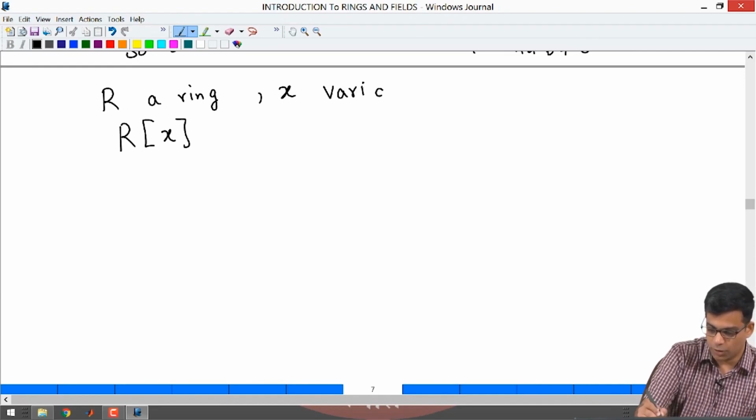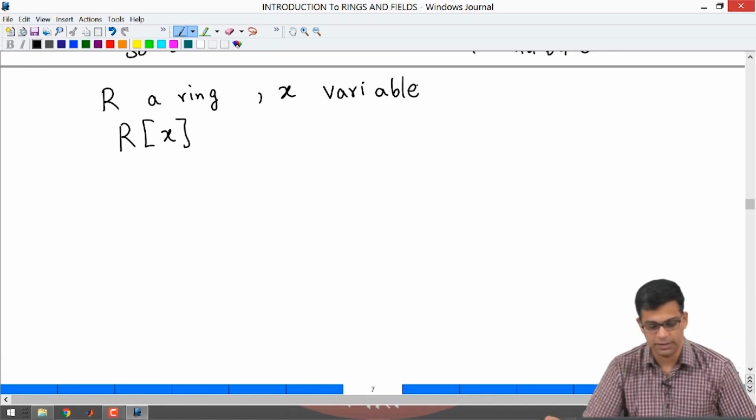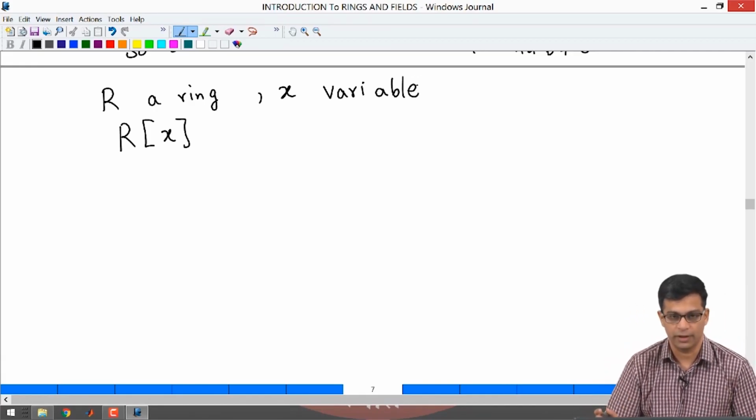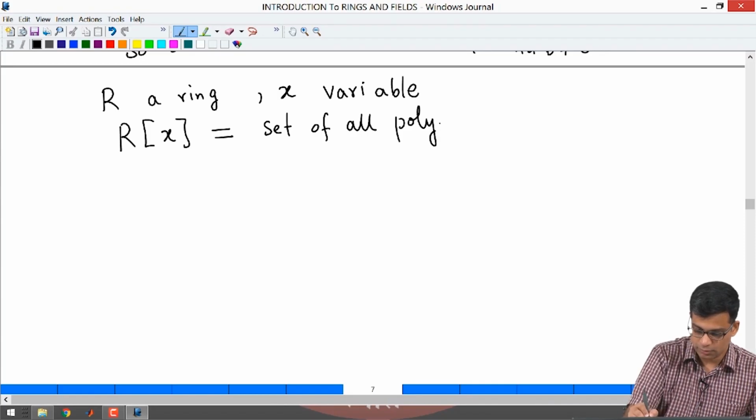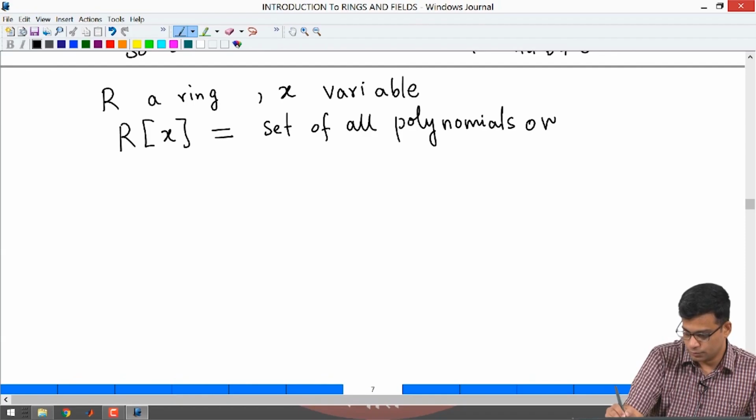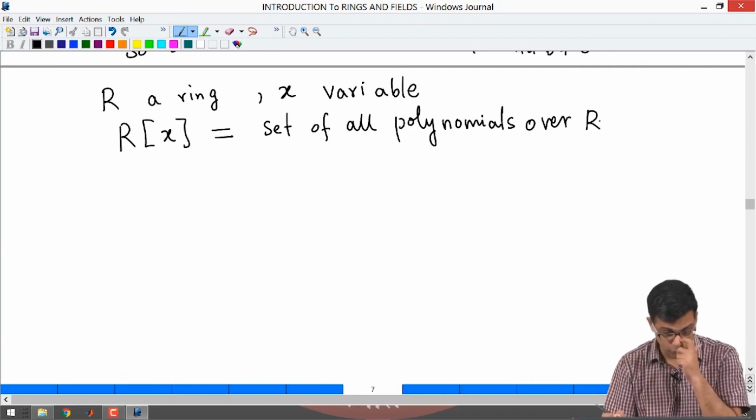Remember I told you that variable means it's just a symbol, it has no meaning. So it is just a symbol. So this is the set of all polynomials over R. I told you what those are.